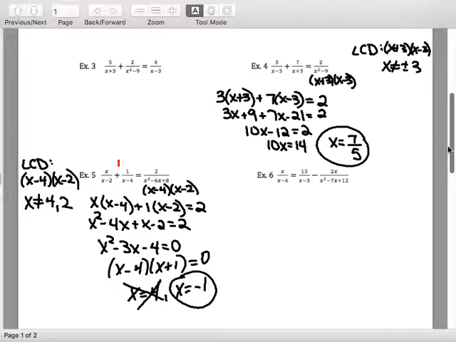So we only have to redo the one that we got wrong? Correct. Yes, you only have to redo the ones that you missed. You don't redo the ones you already got right.